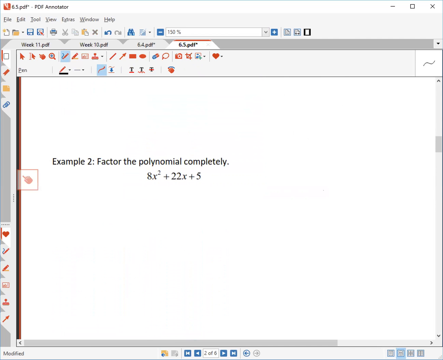All right, example 2. There isn't a GCF that I can factor out to make these numbers any smaller. So I go right into the AC method. 8 times 5, which is 40. That adds to 22.